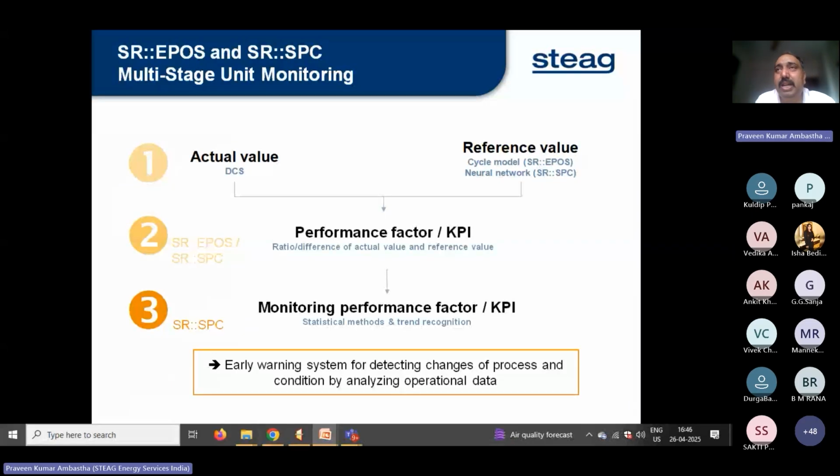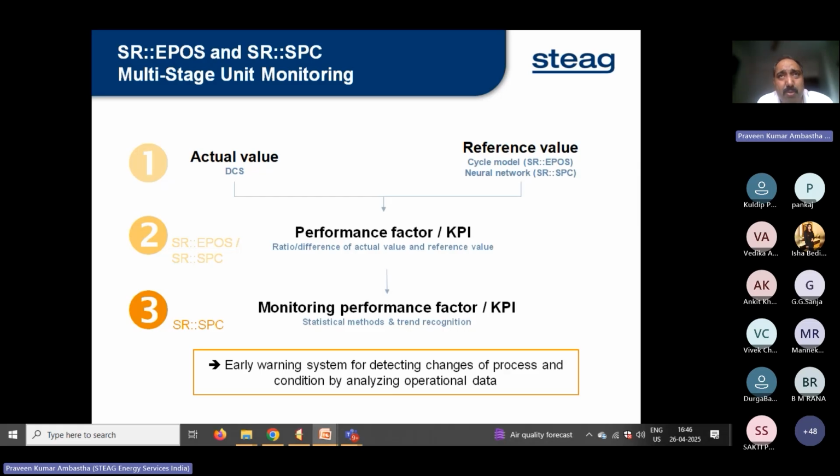So yes, for any of the predictive analysis, I just wanted to show you that we require a digital twin. And yes, we require the data. Data is a must, and then we can find out the trend recognition and all, and then we can catch.